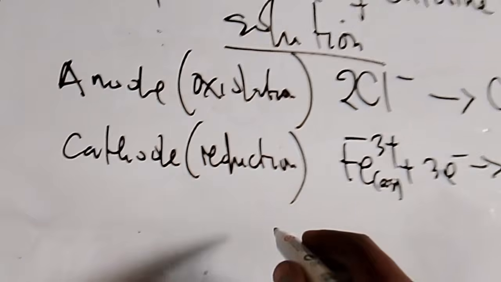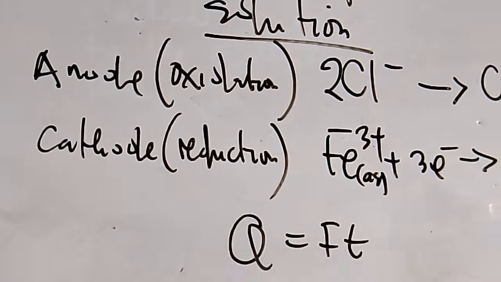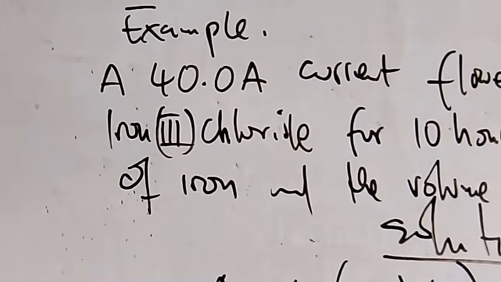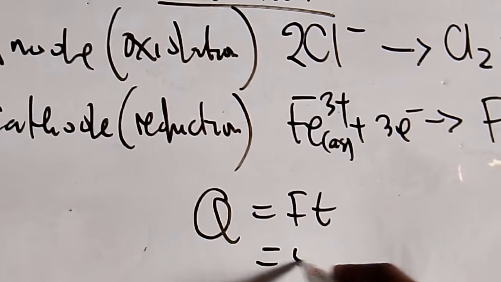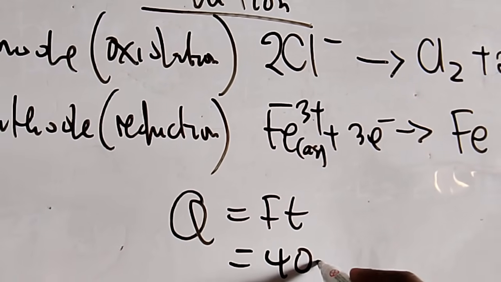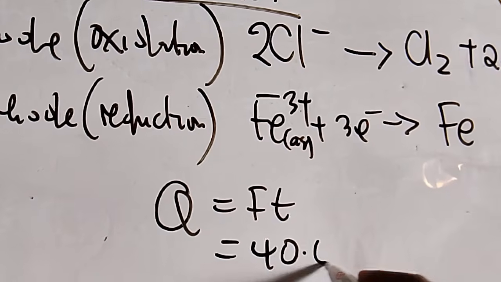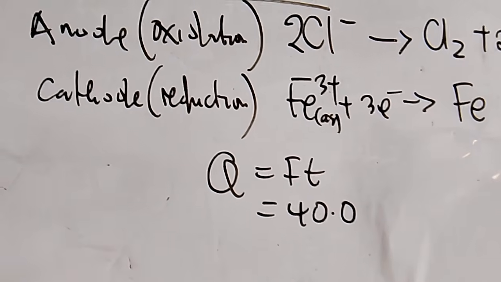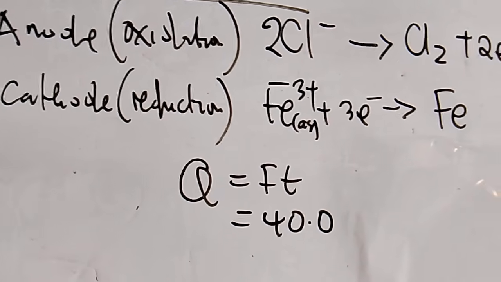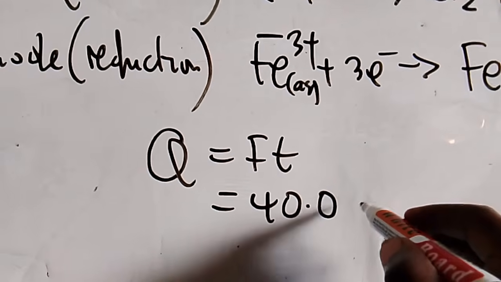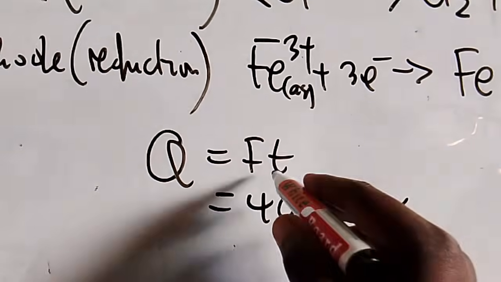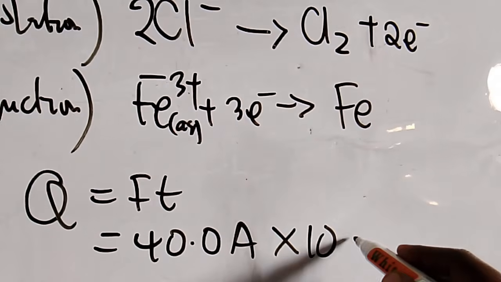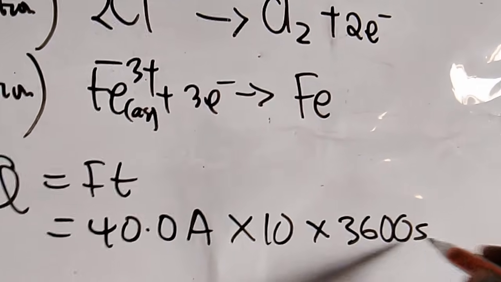Okay, then now we can calculate the charge Q. Q is equal to current times time. Our current in this case is 40.0 amps, times time, which is 10 hours. So 10 hours times 3,600 seconds.